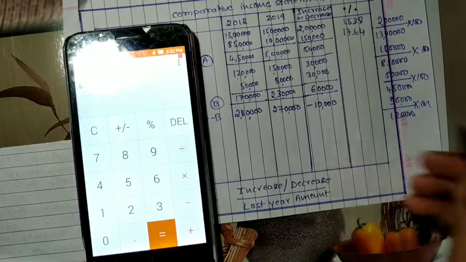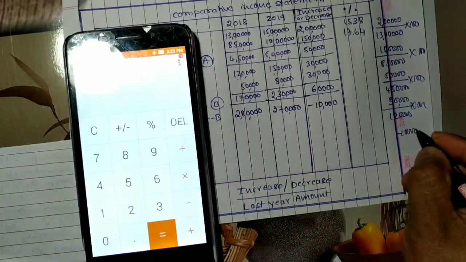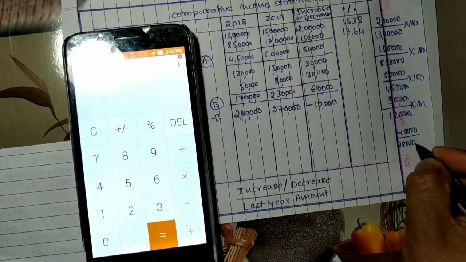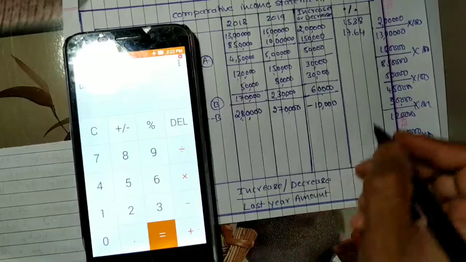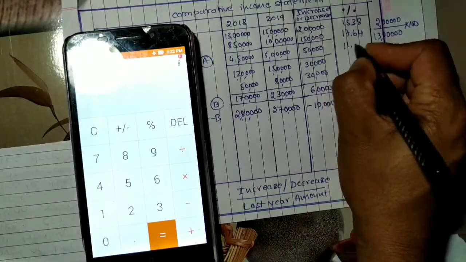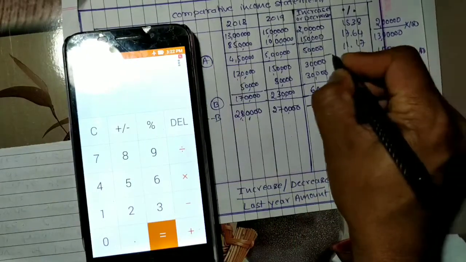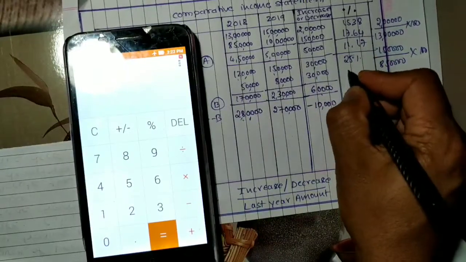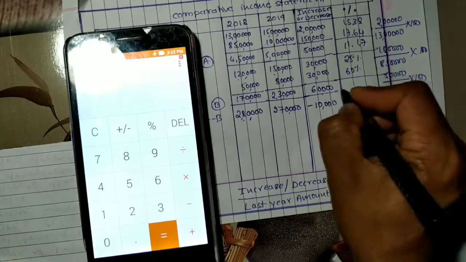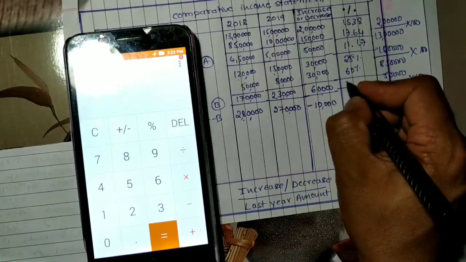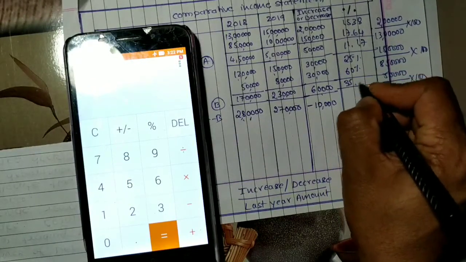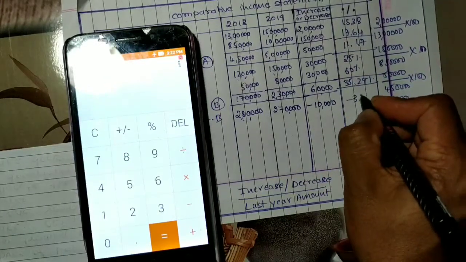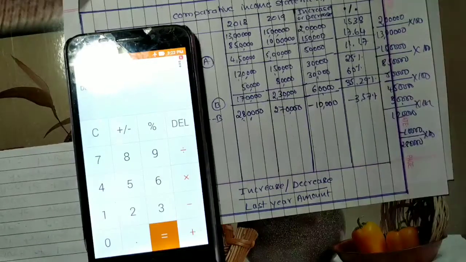And the last step, minus 10,000 divided by 2,80,000 into 100. Your answer will be 11.17, then 25%, then 60%, then 35.29%, then minus 3.57%.